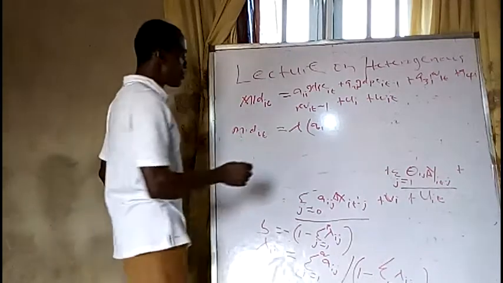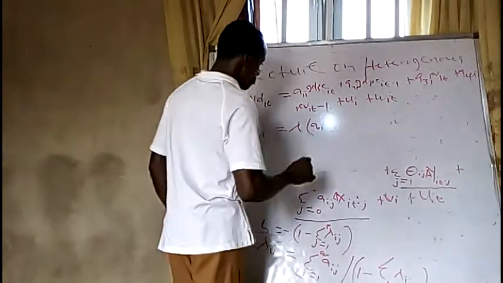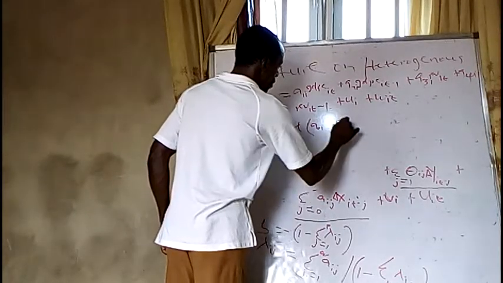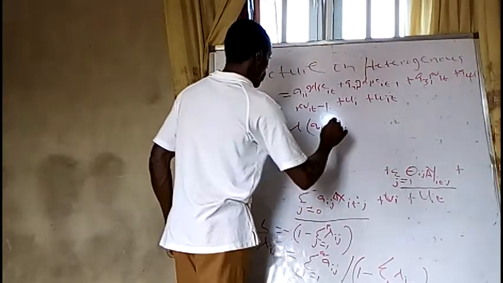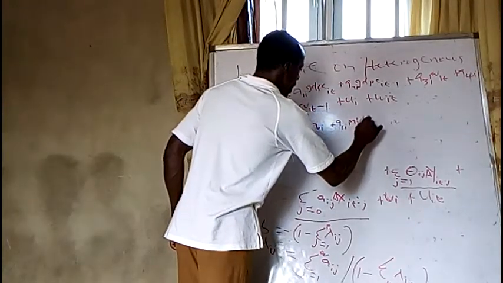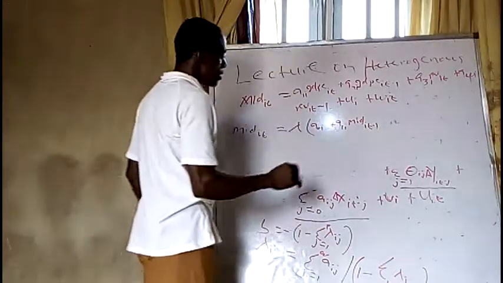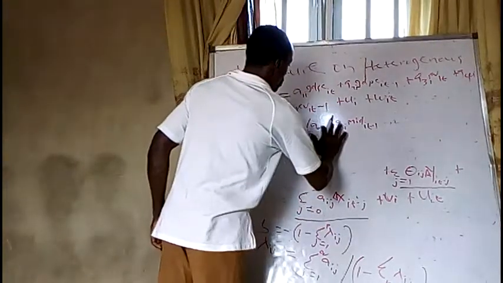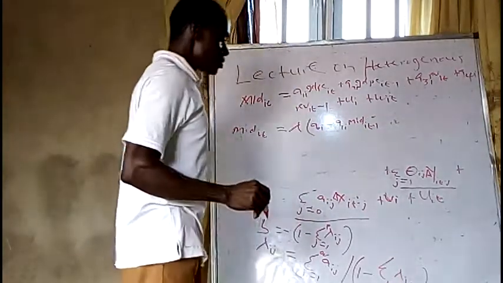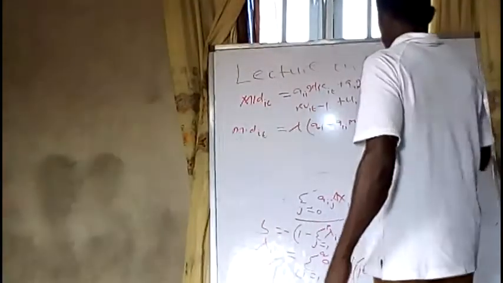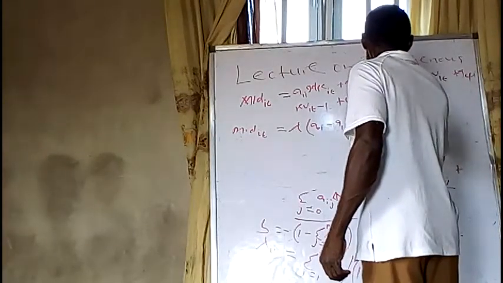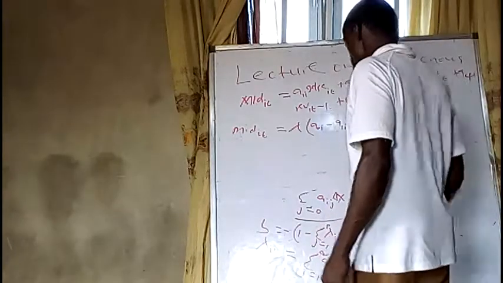So therefore we have A0I, then plus A1I, then we have our MIDIT minus 1. Place this minus, then minus again. We have A2. Please permit me to change these parameters.